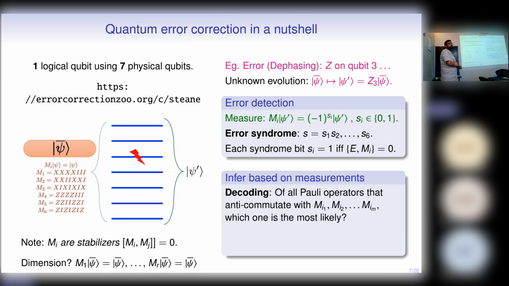What can we say about this unknown error? We cannot say precisely what the error was because multiple errors can give the same measurement outcomes. So we have to do some kind of statistical inference where we say, of all possible errors or Pauli operators that have a specific anti-commutation relation based on the syndrome, which one was most likely?